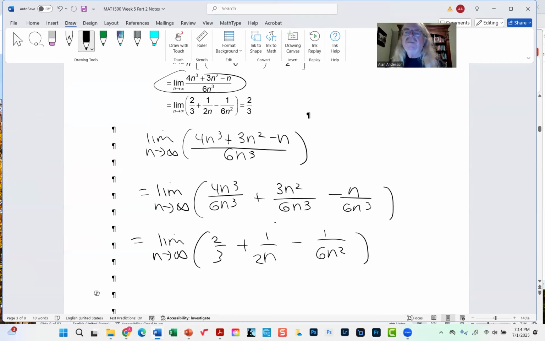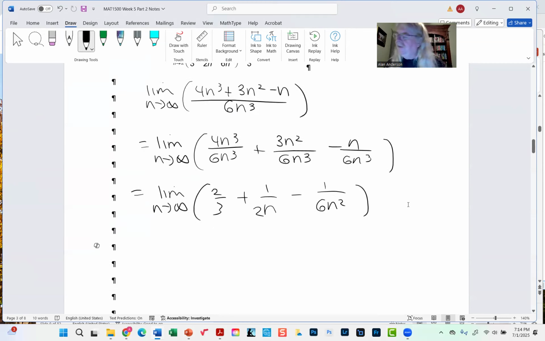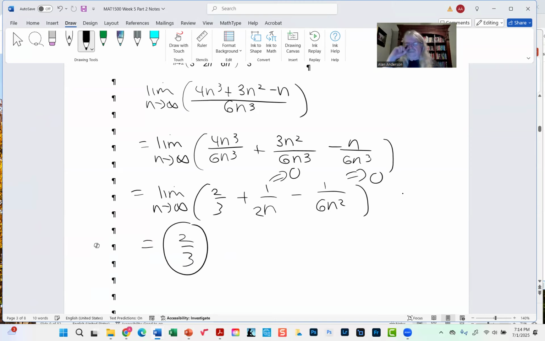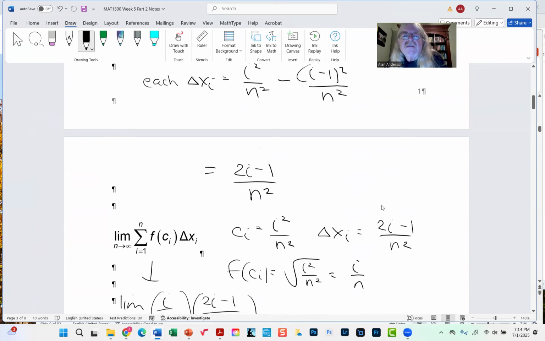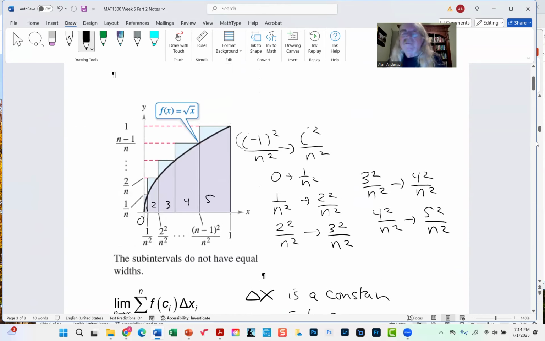Now, remember from a previous section that when you have a limit as n goes to infinity, or x, whatever the variable happens to be, where the x is in the denominator, this one goes to 0, and this one goes to 0, so we're left with 2/3. And so in other words, what we just did was we found the actual area, this purple region has a total area of 2/3.